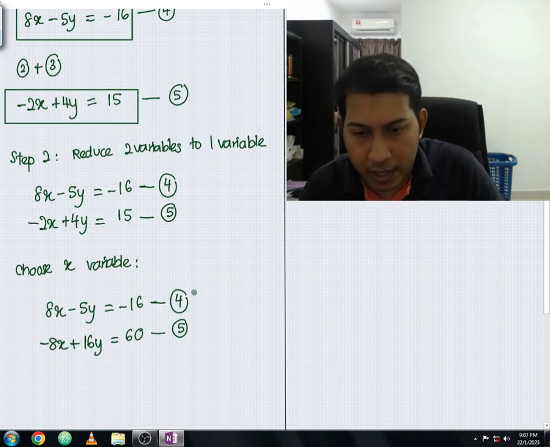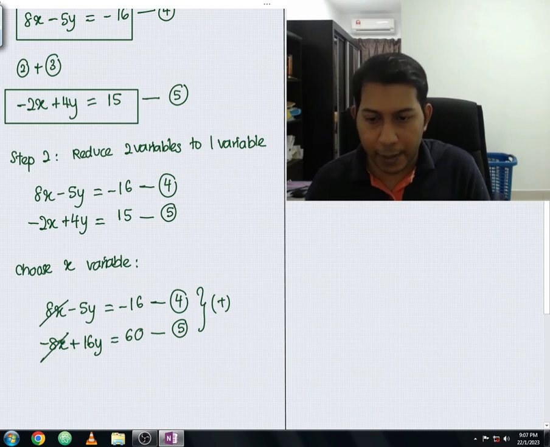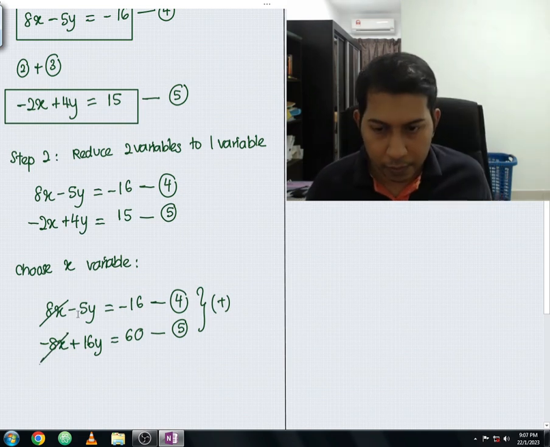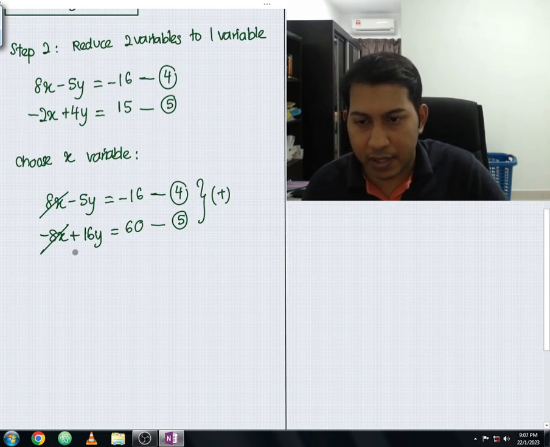So equation 4 you can straight plus with equation 5, because we're going to eliminate the x variable. We can eliminate straight away the x variable. So from here -5y plus 16y, you get 11y.